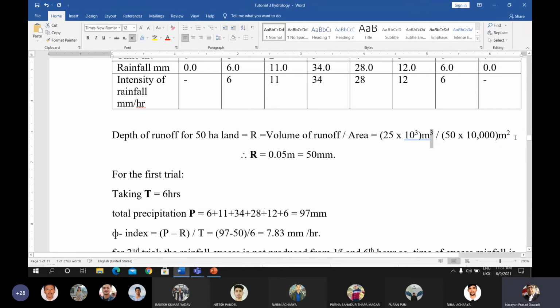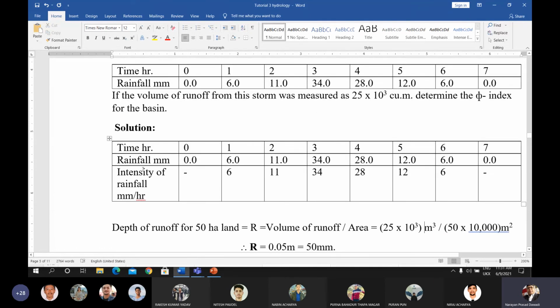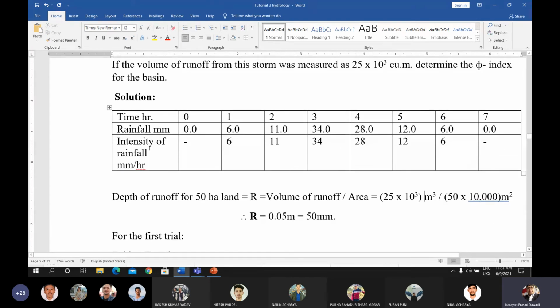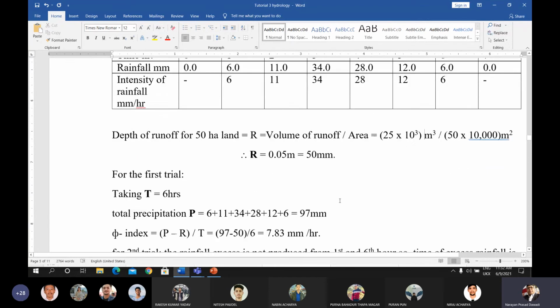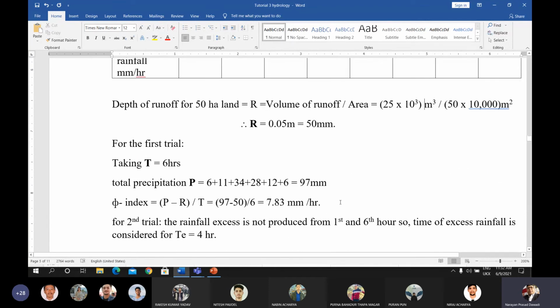Divide this value by this value, and you will get the runoff depth in meters. The rainfall is given in mm and we have to find the infiltration rate, which is denoted by the phi index. So I have converted this meter into mm by multiplying by 1000, which gives 50 mm. The runoff depth is 50 mm.